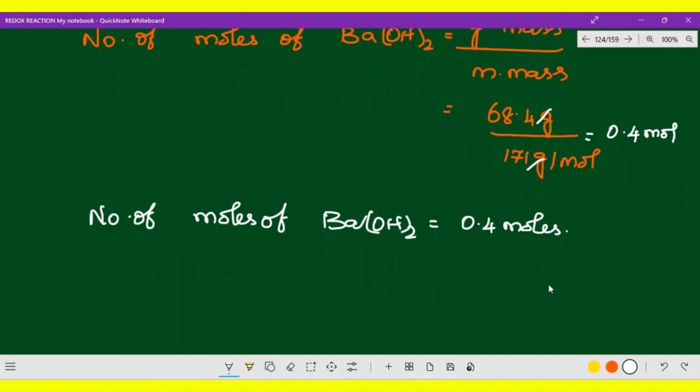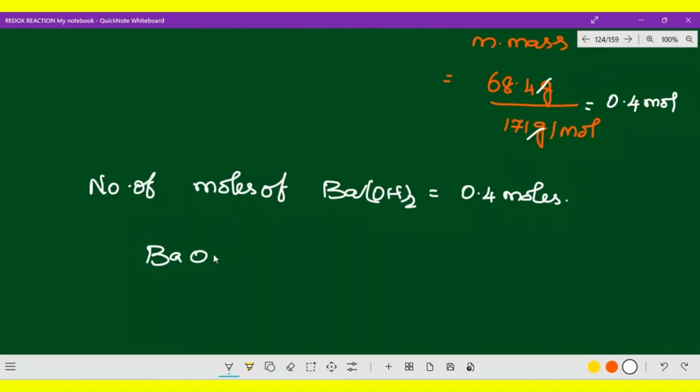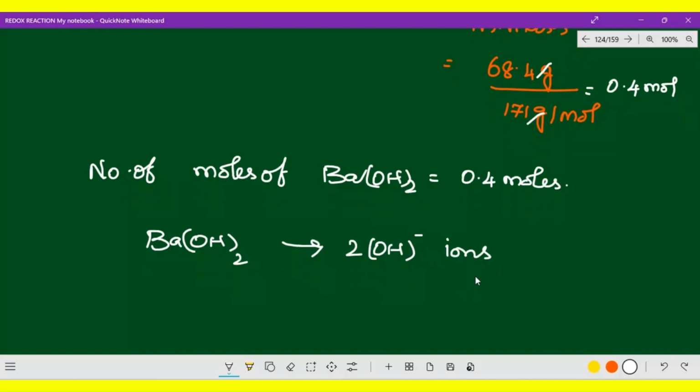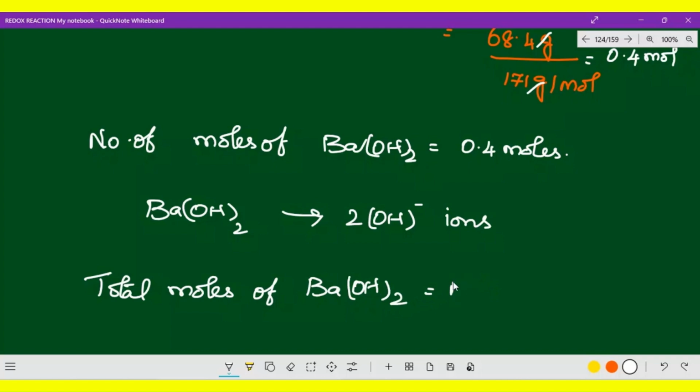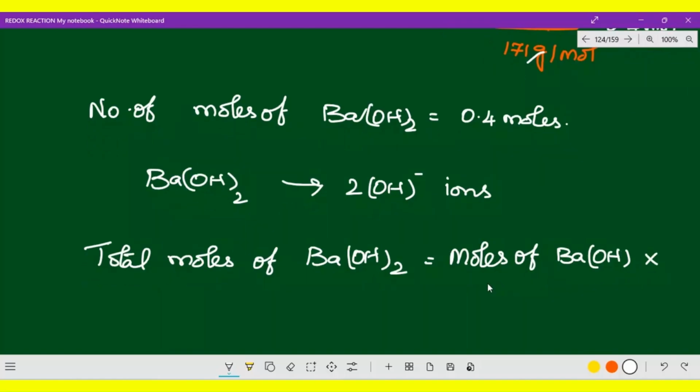Now, when you go for this Ba(OH)2, you will get 2 OH minus ions, right? Only ions we have to consider here because they are asking in the question about ions. So the total moles of OH minus ions: you multiply the moles of barium hydroxide by the number of OH minus ions.